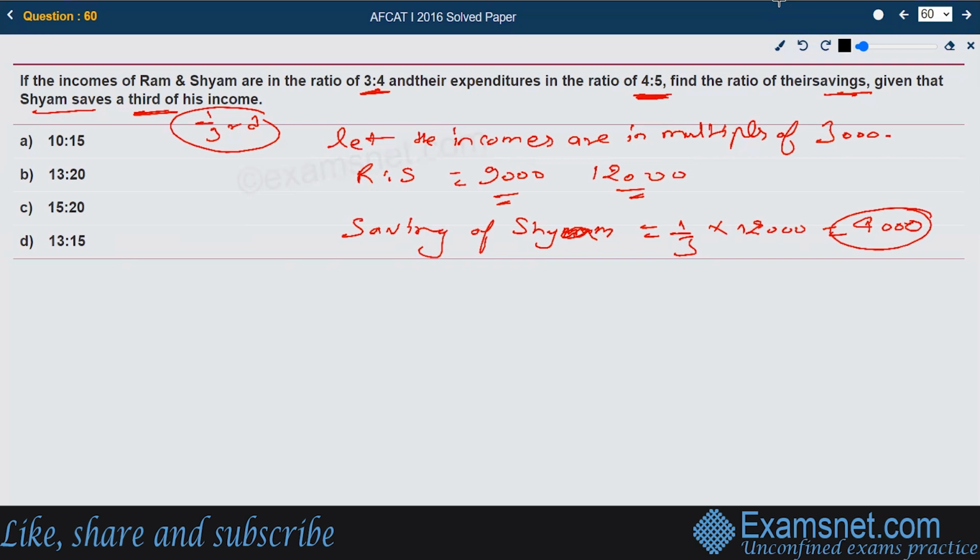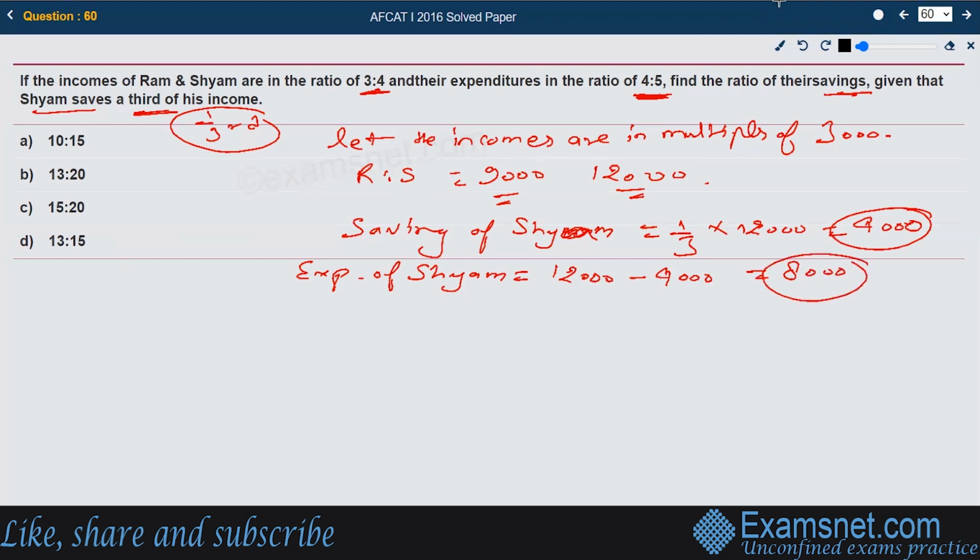So what is the expenditure of Sham? His income was 12,000, so the expenditure was 12,000 minus the saving of 4,000, which is ultimately 8,000.